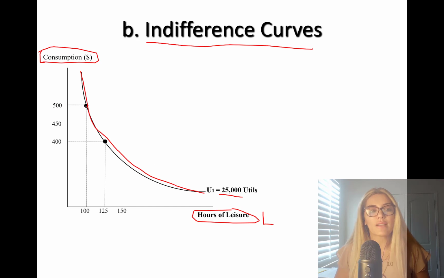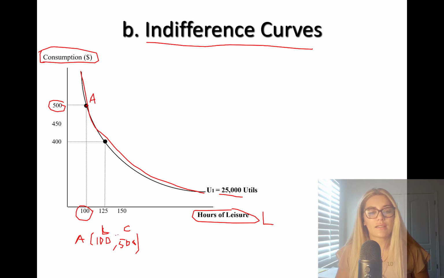For instance, I'm going to call this point A. This point A is made up of $500 worth of consumption and 100 hours of leisure. That's great, actually, lots of leisure. Point A has 100 hours of leisure and $500 of consumption. This is C.